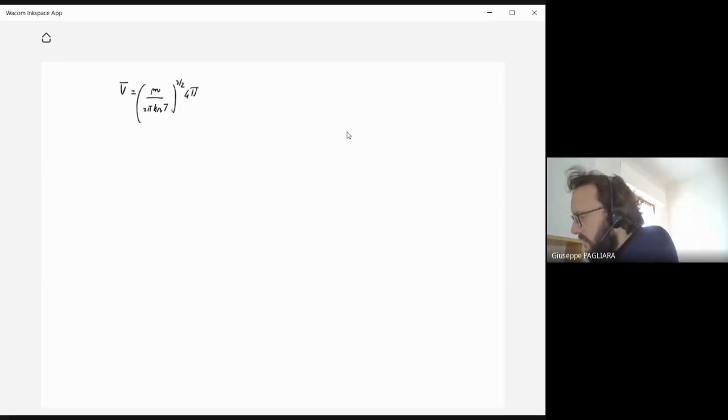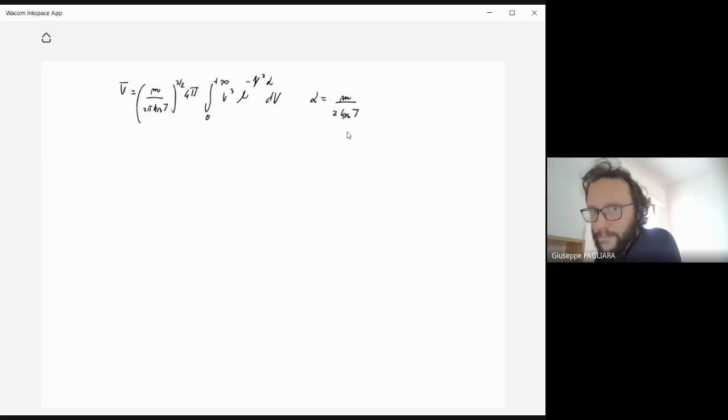Then I have the integral from 0 to plus infinity of v cubed exponential of minus v squared times alpha, dv, where alpha is defined to be m divided by 2 kBT. Okay.